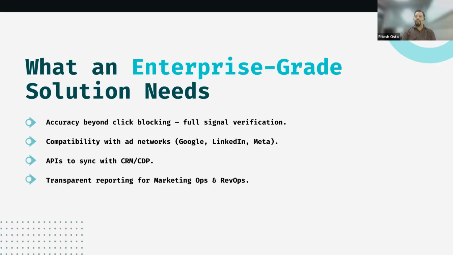So the idea is to prevent fake data from coming, but still there will be some fake data which will come in. Work on that fake data. Use the compatibility with the ad network. Use the APIs from CRM, CDP, verify it, enrich it. Do a double layer of verification, and then create a reporting around that for your marketing ops and RevOps team, so that they can manually also identify and detect, right?